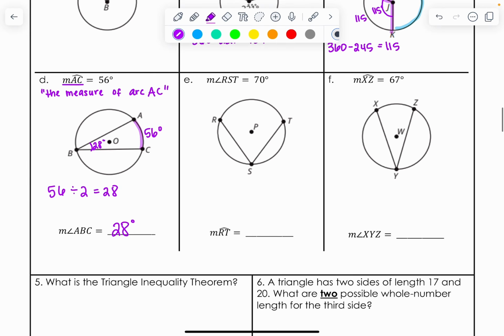Okay, we have the measure of angle RST is 70 degrees. So we're trying to figure out how many degrees is this arc. Since we're going from inscribed angle to arc, we're going to double it instead of halving it. So that should be 140 degrees for the arc.